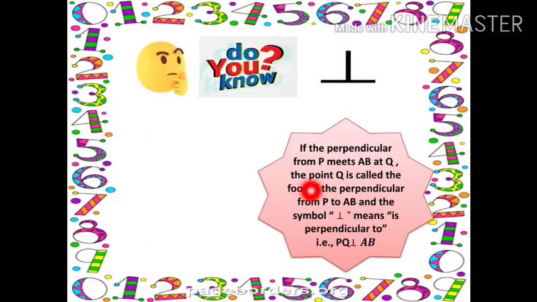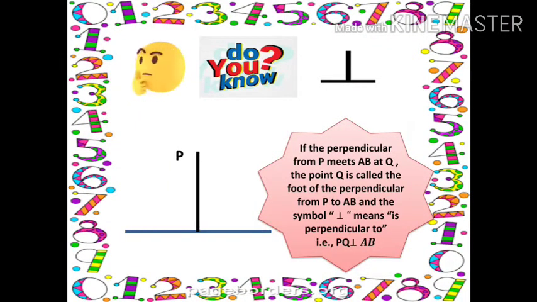If the perpendicular from P meets AB at Q, the point Q is called the foot of the perpendicular from P to AB. And what does the symbol represent? Yes, it means perpendicular to.